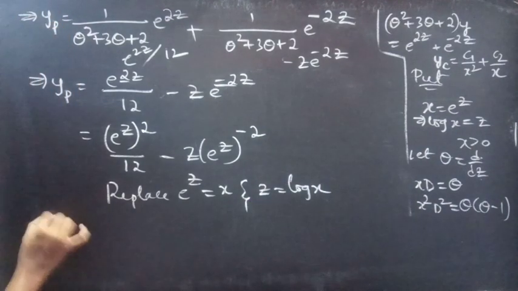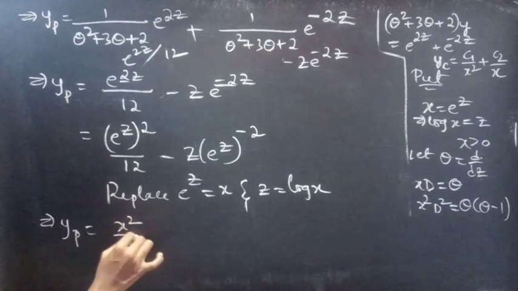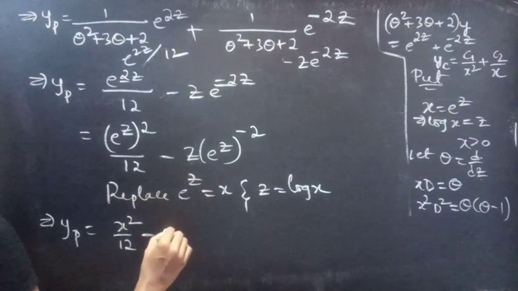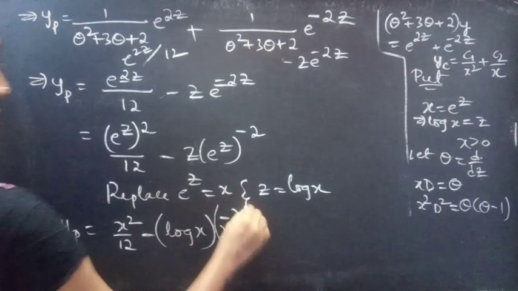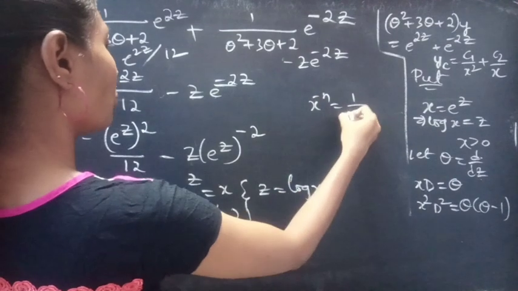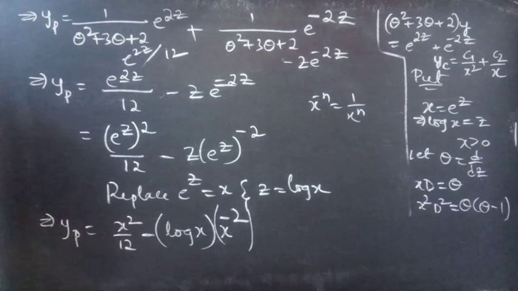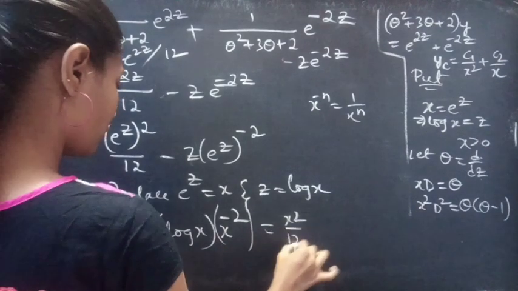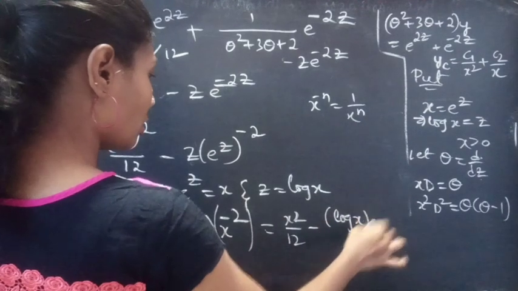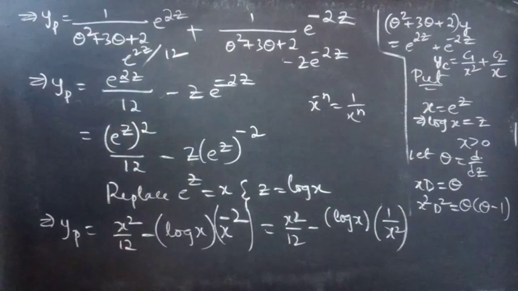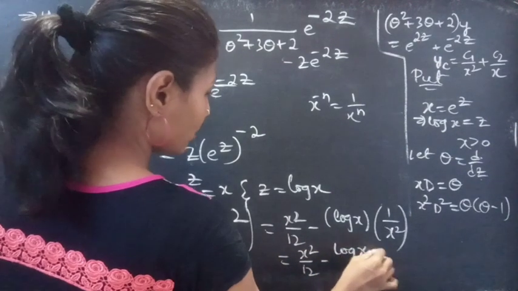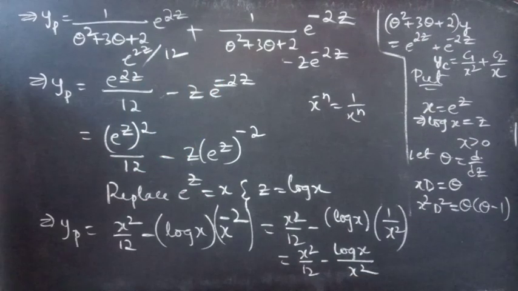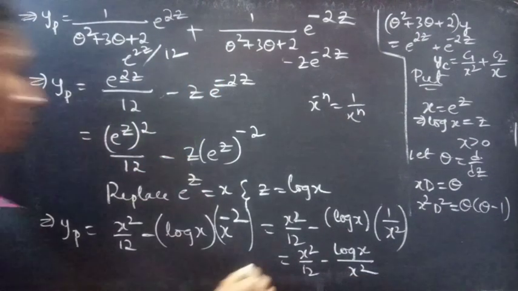Then yp becomes x square by 12 minus log x into x power minus 2. Since we know that x power minus n equals 1 by x power n, we can write x power minus 2 as 1 by x square, right? Then this becomes x square by 12 minus log x by x square, which is our required yp.